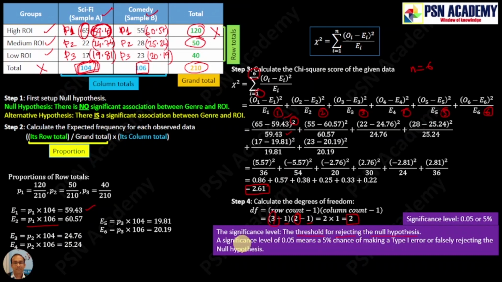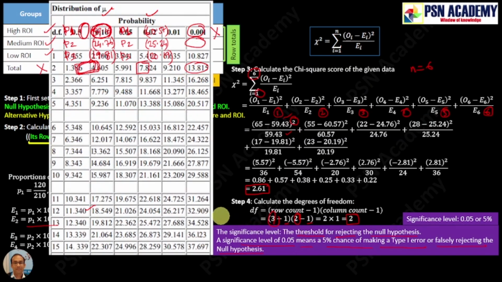Because a significance level of 0.05 means there's a 5% chance of making a type 1 error. A type 1 error is falsely rejecting the null hypothesis. That means the null hypothesis is true, but by mistake, you reject it, right? So that is the meaning of the significance level.